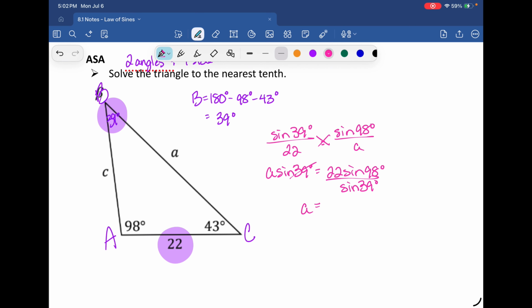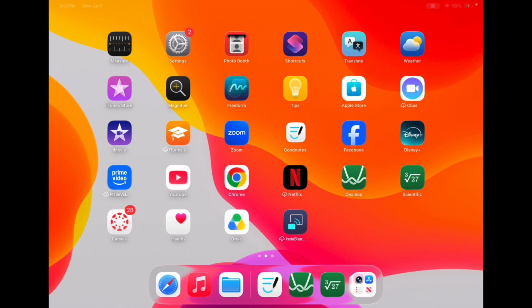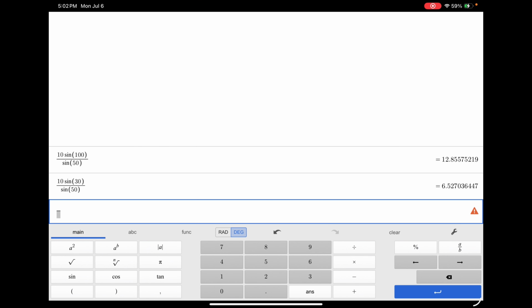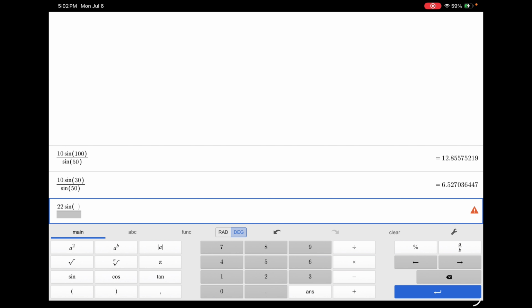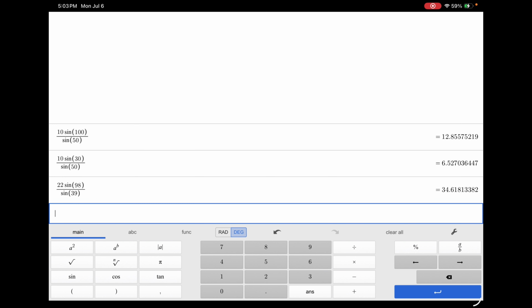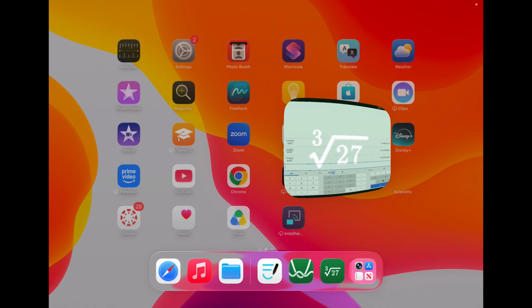Calculator. 22 sine 98 over sine 39. 34.618.